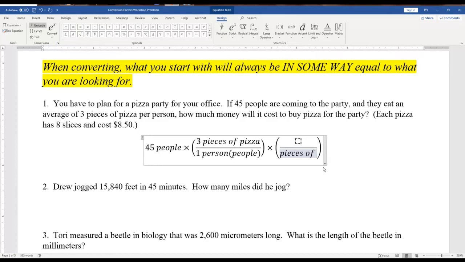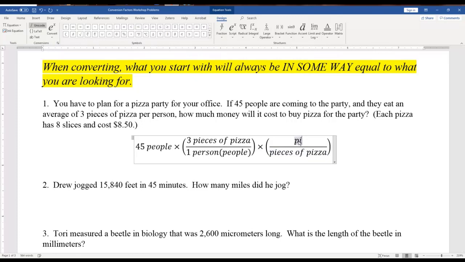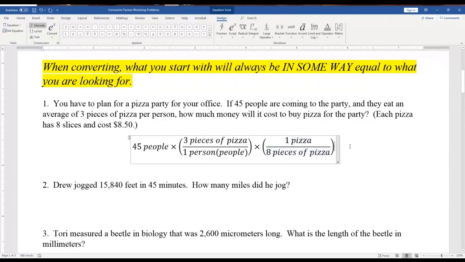That's the unit. We don't have to worry about the number, but yes, absolutely, pieces of pizza, and the pieces of pizza are related to the pizza itself, right? Every one pizza has 8 slices, correct?